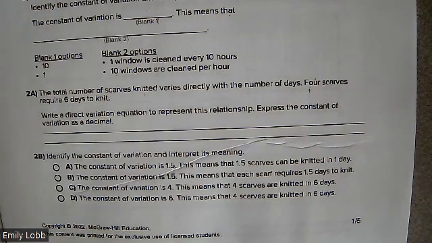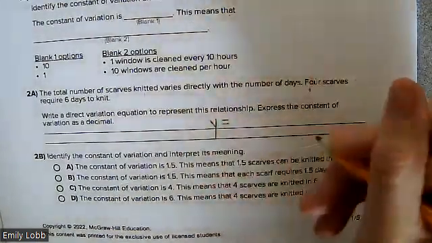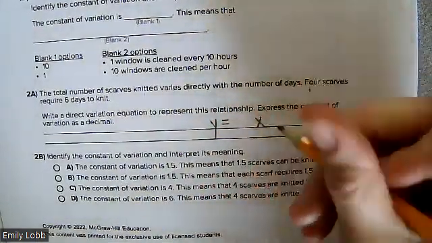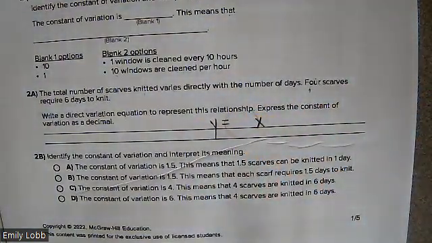So again, you're writing a direct variation equation. Y equals something x, don't forget to put your m in. So if you did something and it came out repeating, do it the other way. Does that make sense? Okay.